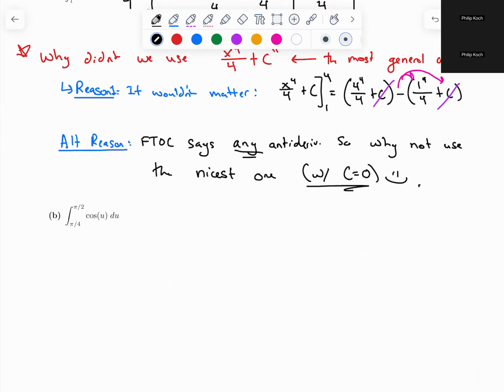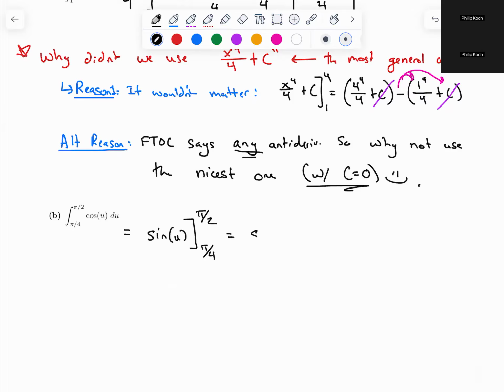So we found the antiderivative, it's sine of u, and we're evaluating it from u equals pi over 4 to u equals pi over 2. Capital F, in this case, is sine of u. That's your antiderivative. Evaluate the top minus the bottom, the upper limit minus the lower limit.